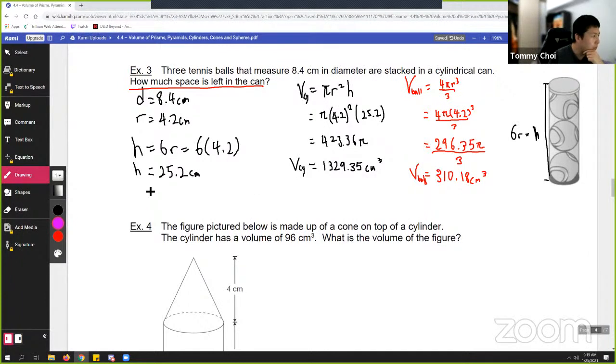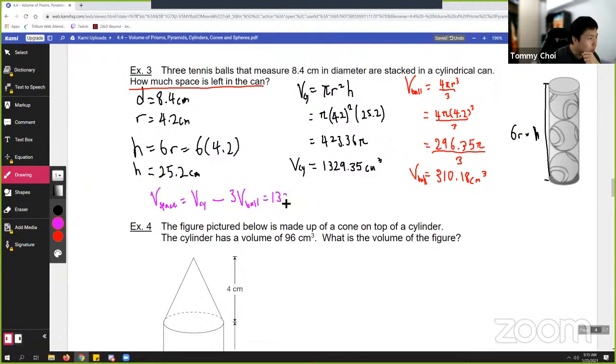Our third step is to find the volume of the space, which is going to be equal to the volume of the cylinder subtracted by 3 times the volume of the ball, because there's 3 balls in there. Does that make sense? So we take the volume of the cylinder, we subtract the 3 balls that are inside, and we're going to get the volume of the empty space there.